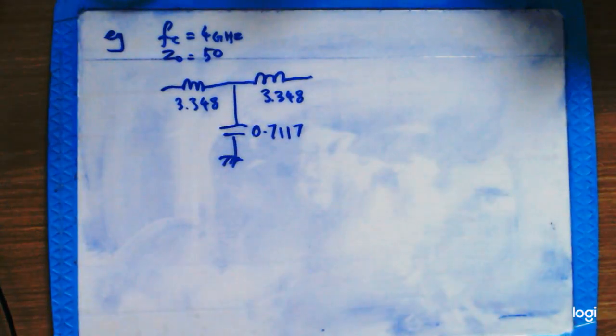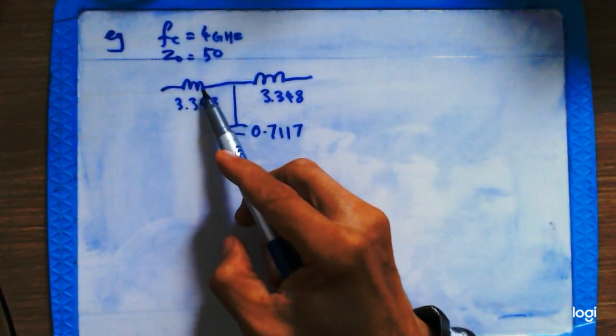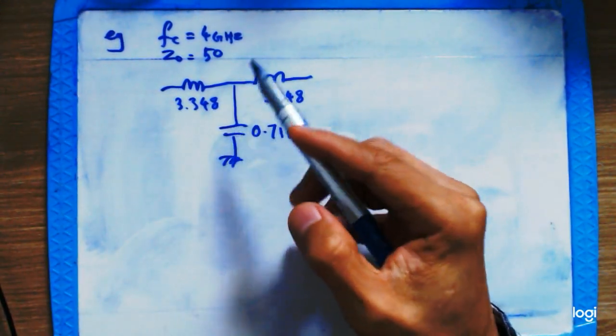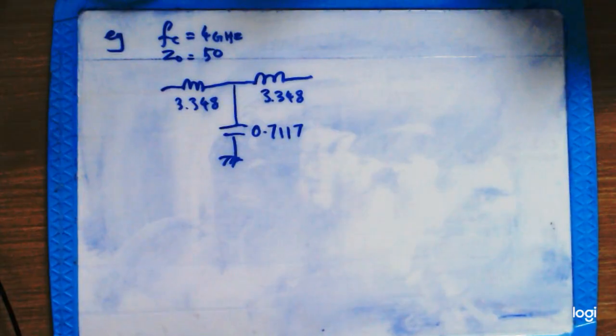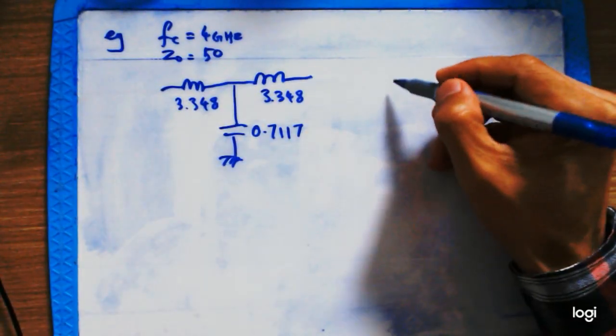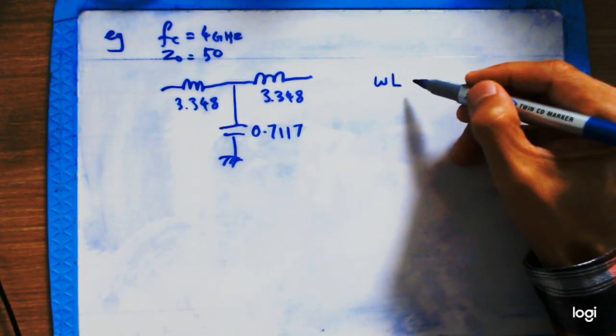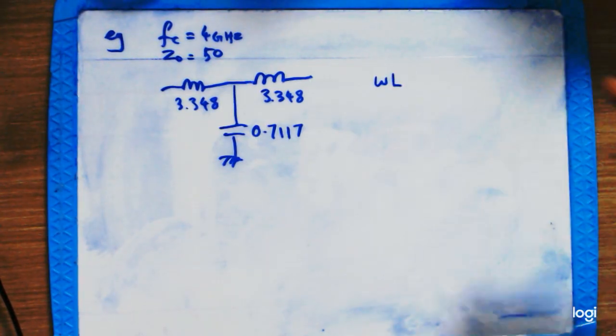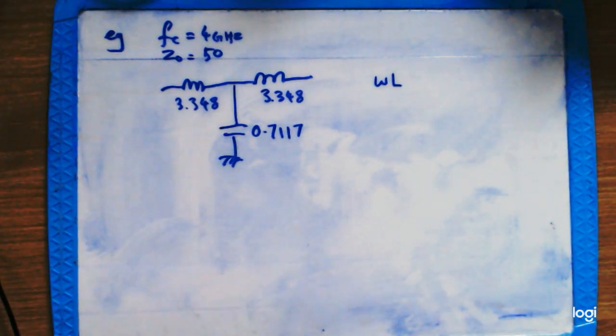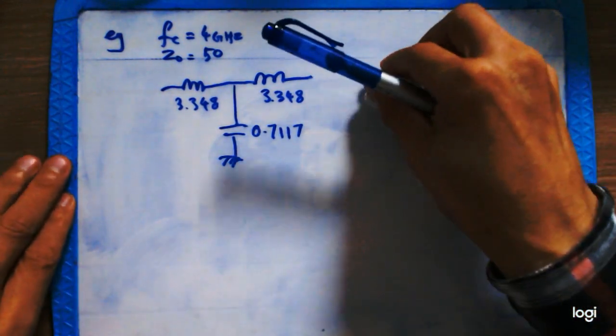So what we are going to do next is to replace those inductance and capacitance here with open circuit stubs and short circuit stubs. Like what I have said to you, now first of all, we need to work out the value first.